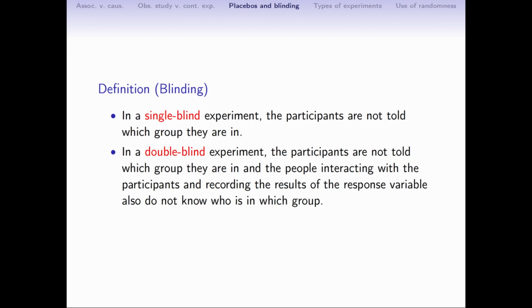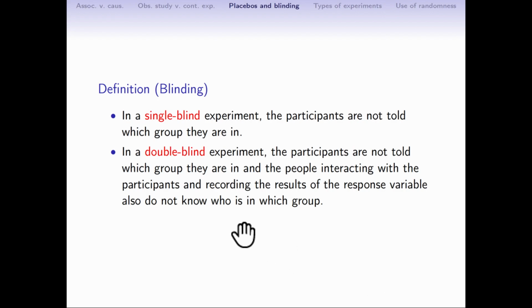In a classic single-blind experiment, the participants are not told which group they are in. So this is also preventing some kind of further consequences of a placebo effect. We won't let them know that they're getting the more effective or less effective dose of vitamin C, and we will prevent them from having some kind of response just from knowing what group they're in.